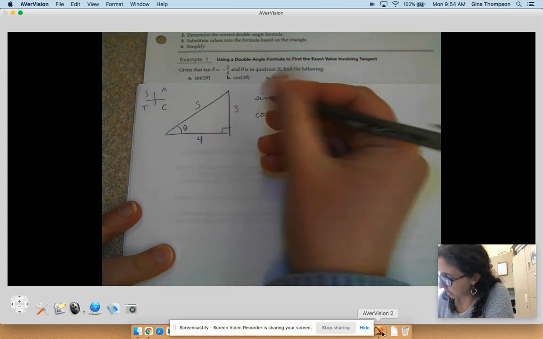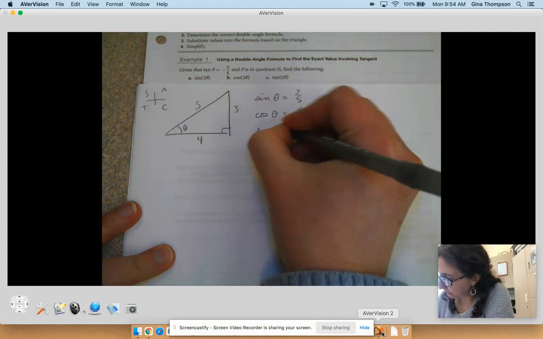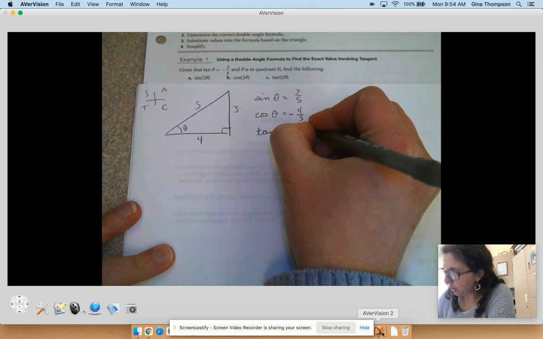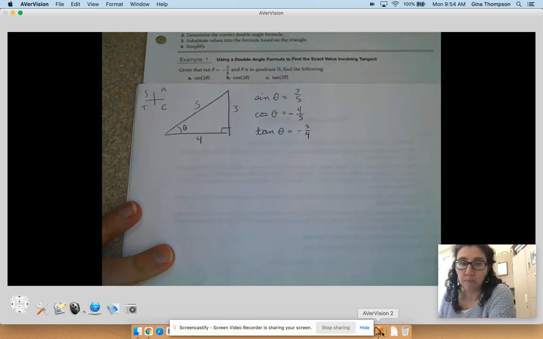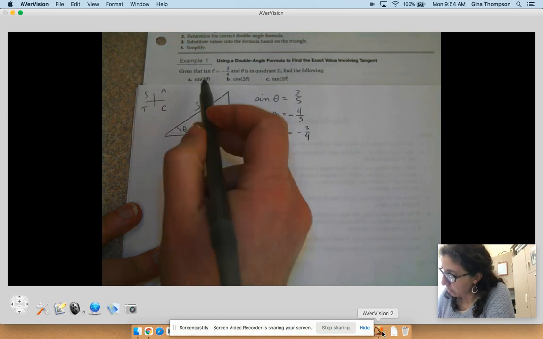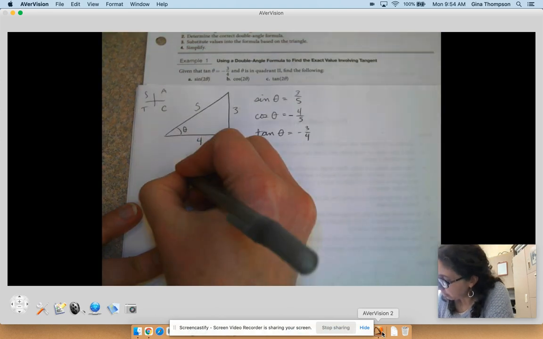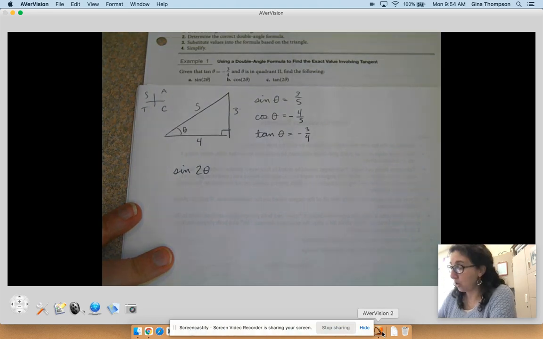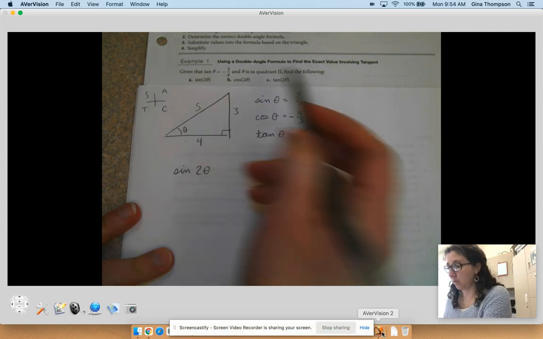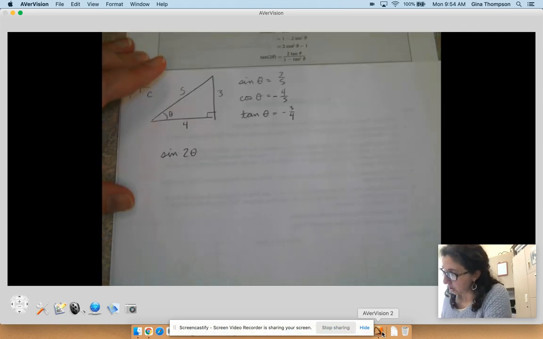And they tell us that tangent of theta equals negative 3/4. You don't have to write these out, but since we're going to have 3 parts here, it might be useful. So sine of 2 theta. Have we figured out what theta is? Nope. We don't care what theta is. We just want to find what sine of 2 theta or cosine of 2 theta or tan of 2 theta is. So let's look up here.